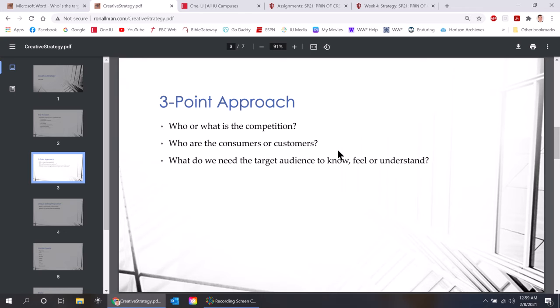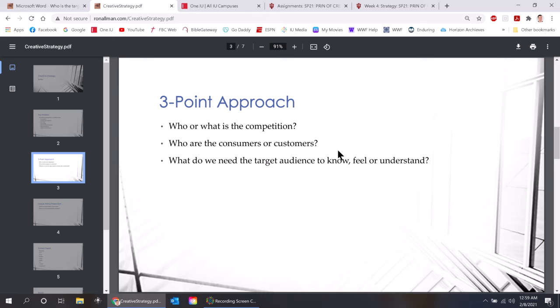So see what they're doing, see how they're successfully reaching their customer or not reaching their customer. What kind of tone do they have? Is it happy and silly? You may not want to go the same route as them, or you want to be happier or sillier. So, tell us who your competition is and what they're doing.